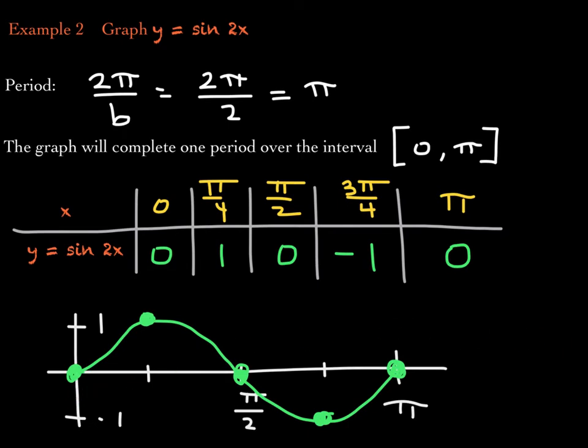But now we completed the entire curve in a shorter amount of time, between 0 and pi, instead of 0 to 2 pi. So the graph got shrunk horizontally. This curve used to finish way out here at 2 pi, and it finished at pi. So it got shrunk horizontally.